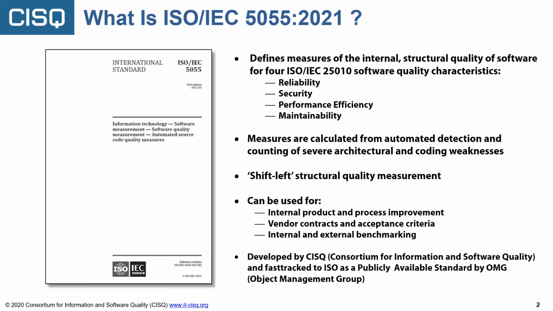But these are calculated from detecting weaknesses in the software itself, severe architectural and coding weaknesses that we can detect using static analysis technology, and count and create a measure of the structural integrity of the software in any one of these four areas.